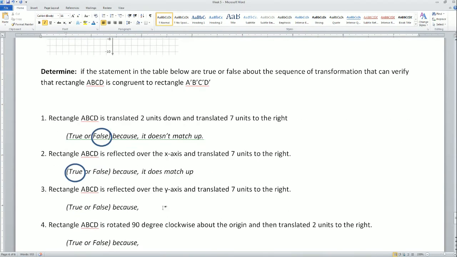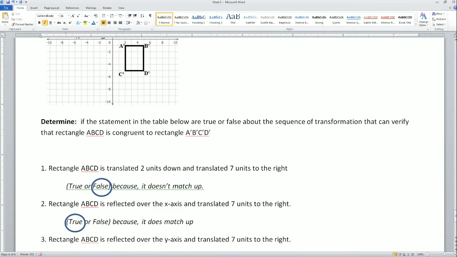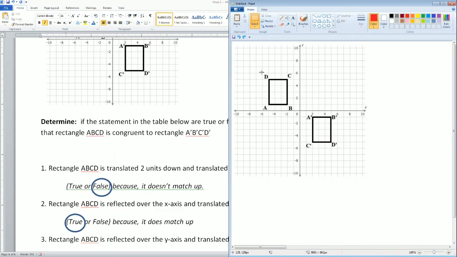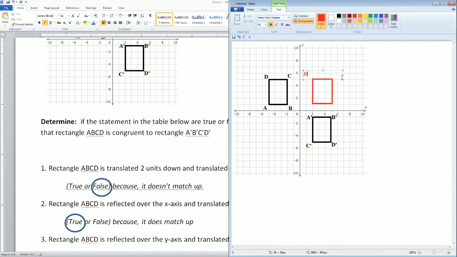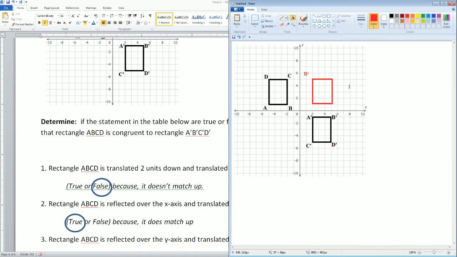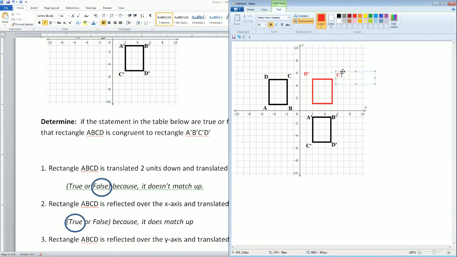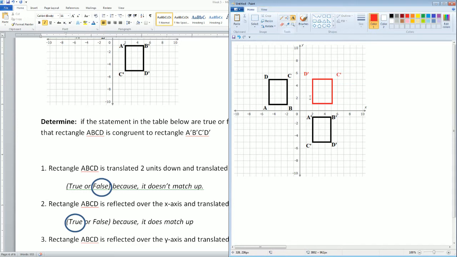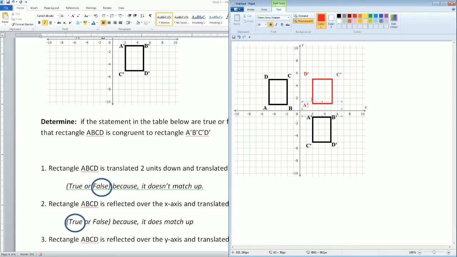Next, it says reflect over the y-axis, then translate it 7 units to the right. If you reflect this over the y, it should look like this. D prime's right there. C prime is right there. A prime is right there.